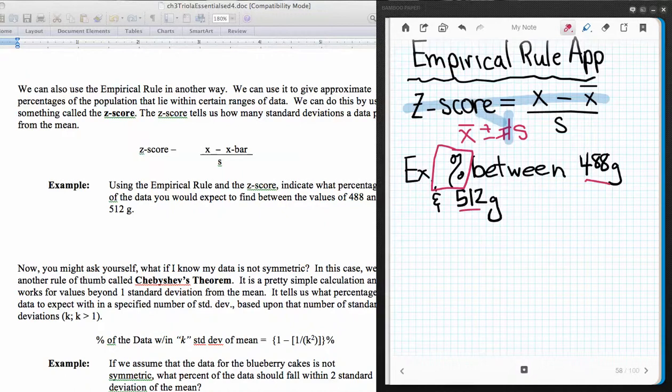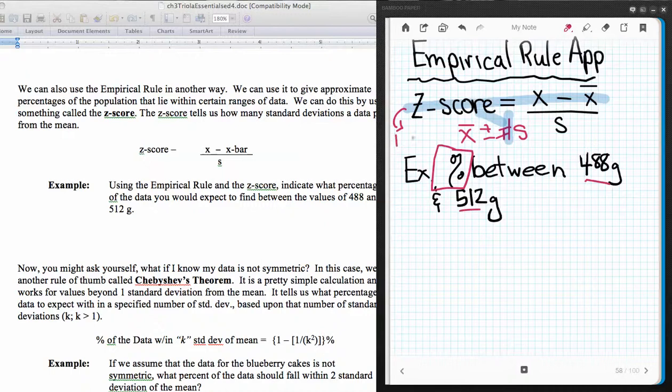So that's what we're going to be taking a look at finding here. What I want to know to find out the percentage of the data between 2 certain values is what the z-scores are, and then I can relate those z-scores back to number of standard deviations from the mean, because that's what a z-score tells us, is the number of standard deviations from the mean.